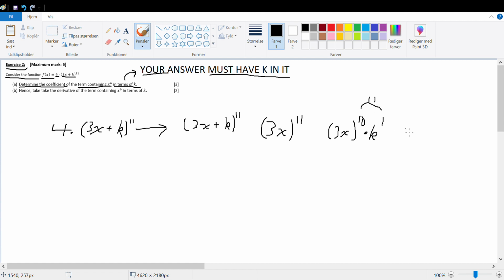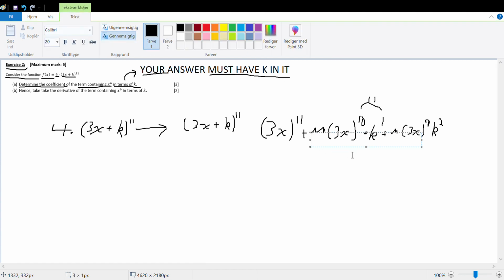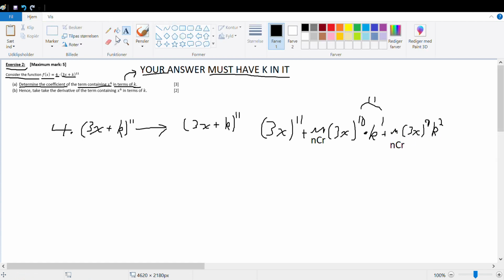So the next one would be, of course, 3x to the 9 with k to the 2. Keep in mind that I'm leaving out a prefactor here. That's the NCR. I'm going to write that below. These are the ones that we're going to get on the calculator later because they're too difficult to do by hand.